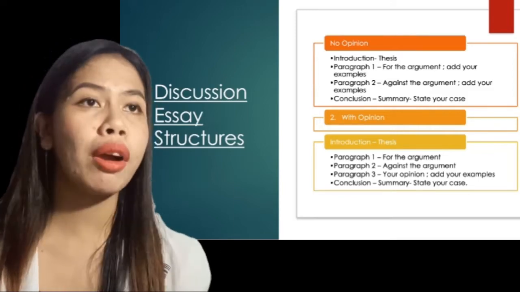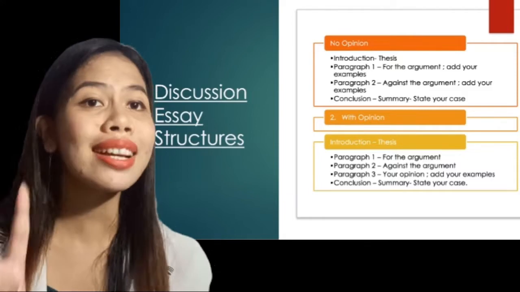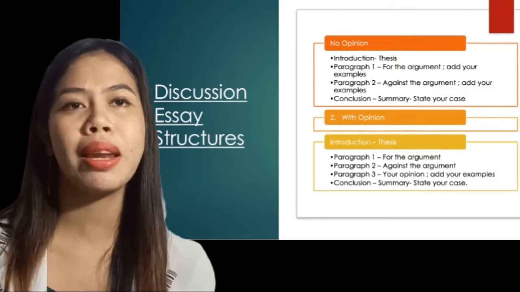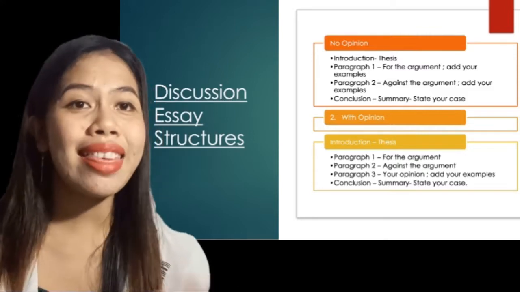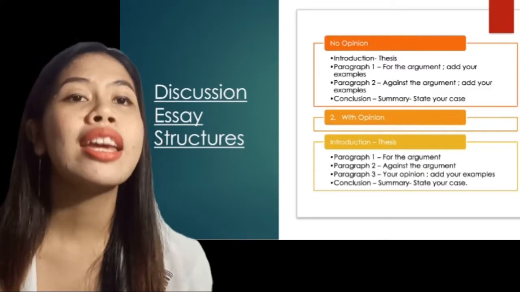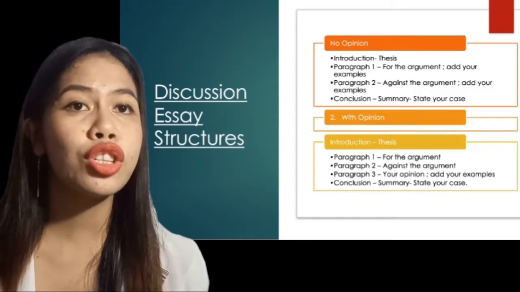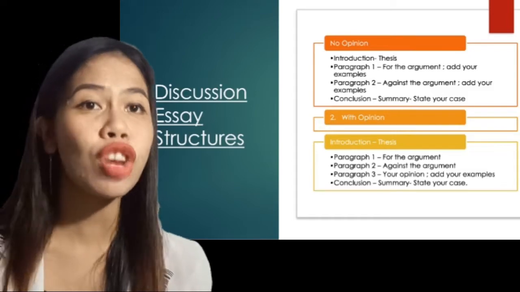And then for the second paragraph, it is where you state that you are against the argument, or the second side of the story or the statement. And then you add your examples to prove your stand as well. And then you conclude. This is where you write your summary, and this is where also you should state your case. Alright, that is for the no opinion structure.